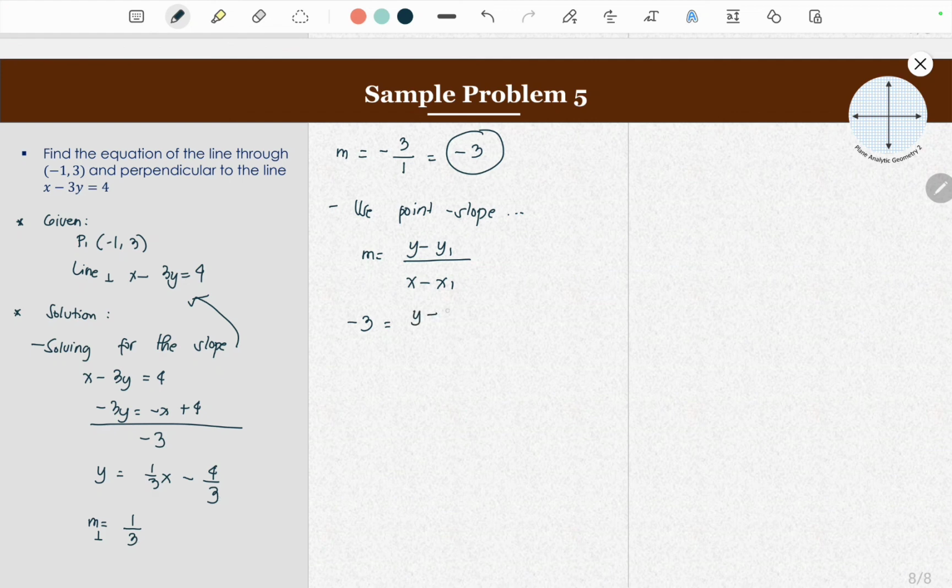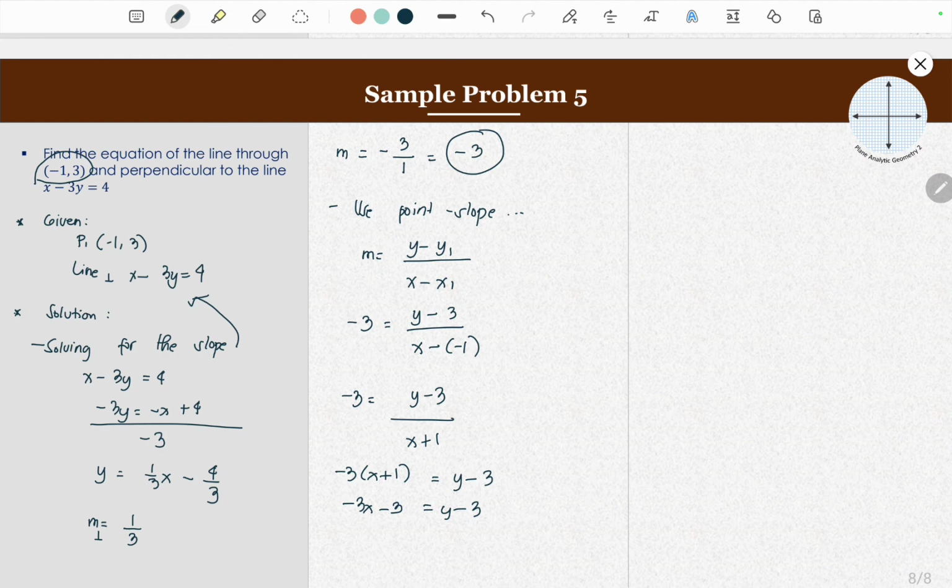So using point-slope form, we have m = (y - y1)/(x - x1). Our m is -3, so y - 3 over x - (-1). Where did we get 3 and -1? It is from here. So this is -3 = (y - 3)/(x + 1). Cross multiplying, we have -3 times (x + 1) = y - 3. So substitute -3, this becomes -3x - 3 = y - 3.